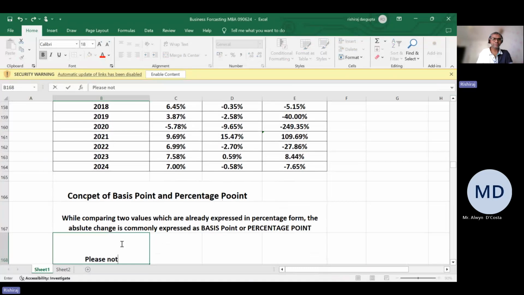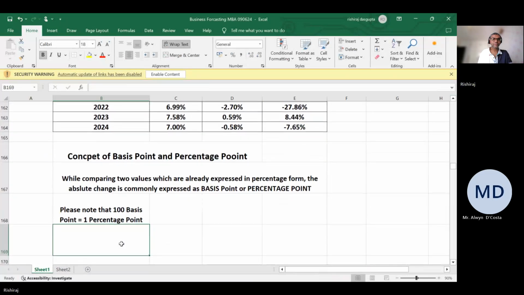So please note that 100 basis points equal 1 percentage point.